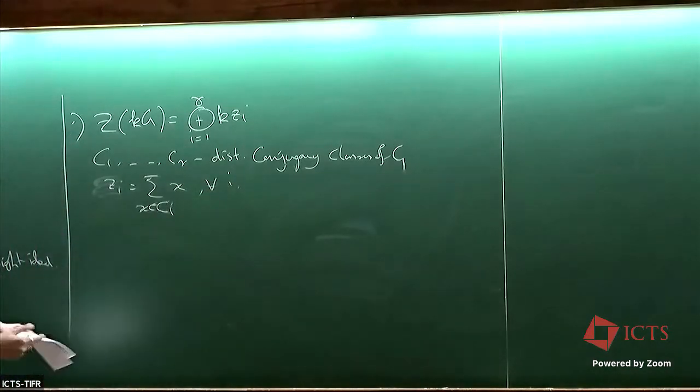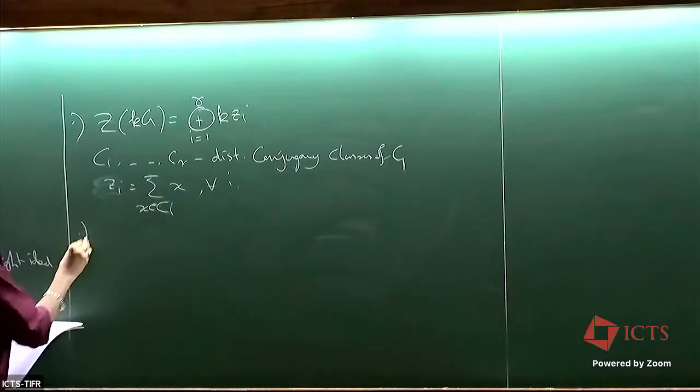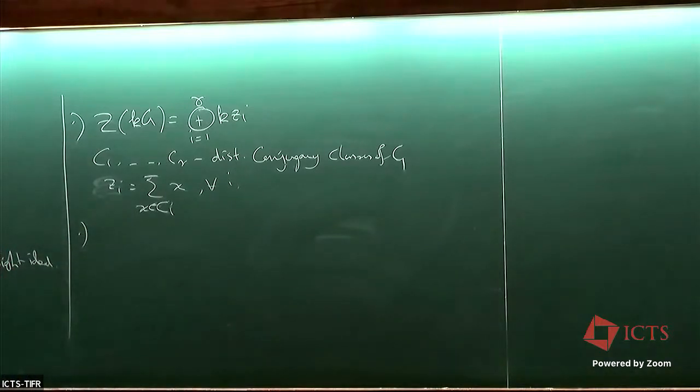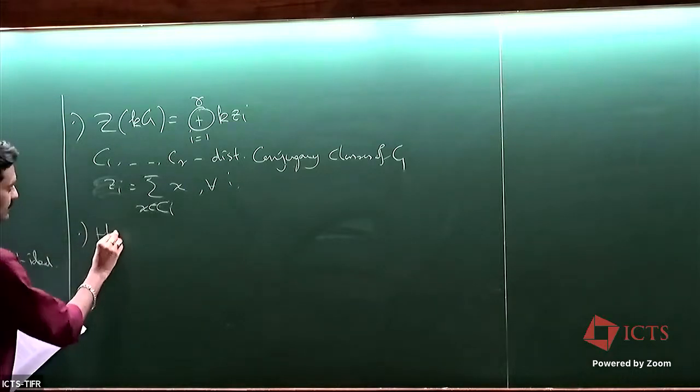then Zi is the sum of all the elements x where x is in Ci. Okay. And then, since I have remarked that G is already sitting inside the units of KG, therefore, one has a bijection.